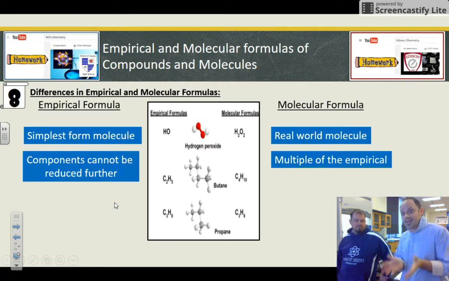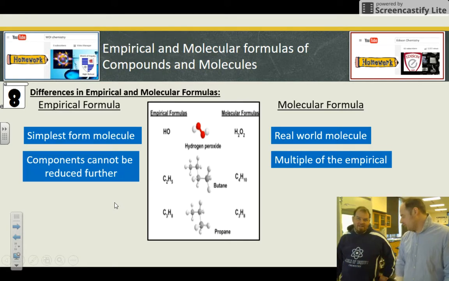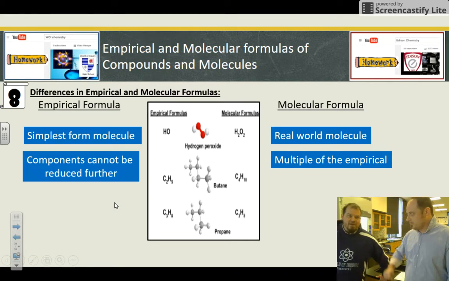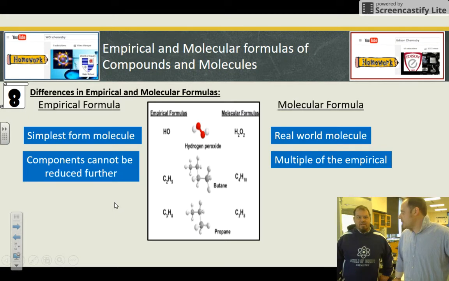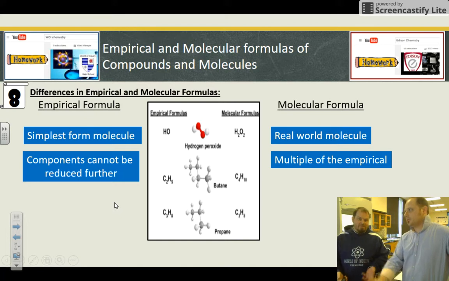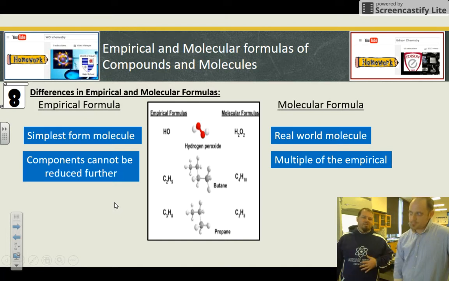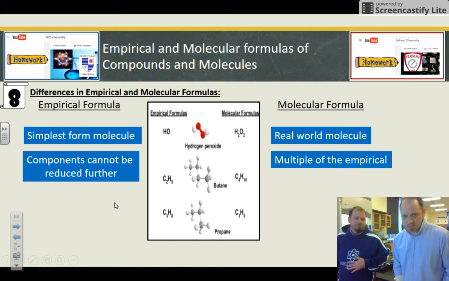But the artifact is converting between the molecular and the empirical formula. We would find empirical formulas in the lab and do a little math to figure out the molecular. The weight is 180, and you'd find the empirical formula weight is 90, so you'd need 2 of them. You'd take that empirical formula, multiply it by 2, and then you got the real world molecule. That's the reason we have to teach this material.